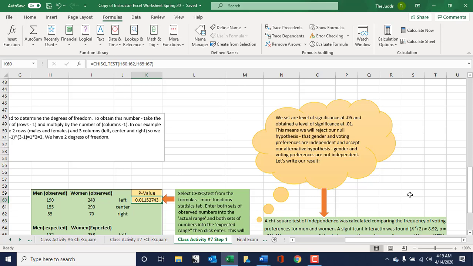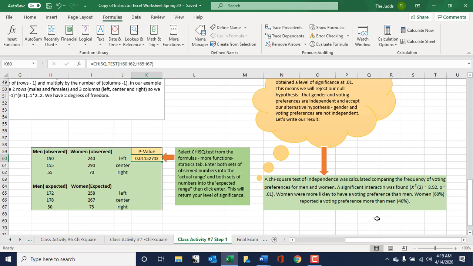So how are we going to write our results? Right here's the example. A chi-square test of independence was calculated comparing the frequency of voting preferences for men and women. A significant interaction was found, and then we write our chi-square results here. Chi-square, we have 2 degrees of freedom. Our chi-square statistic was 8.92.